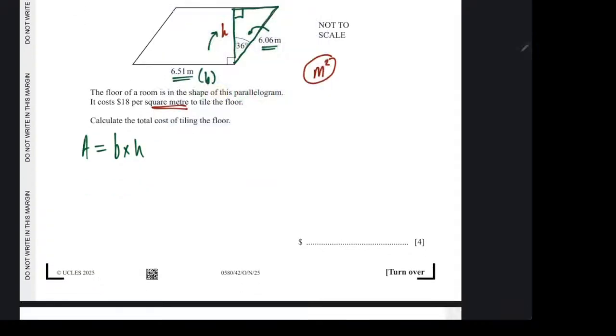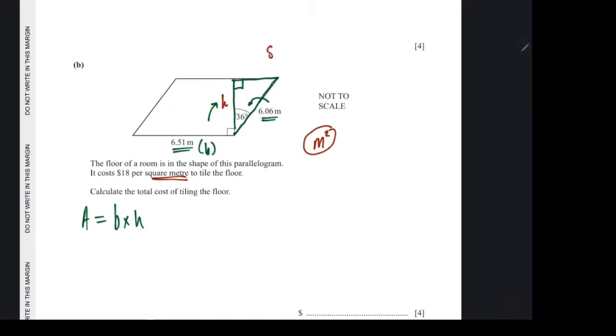To get this height, I see this is a SOHCAHTOA question. This triangle here. To those who were not there when I explained SOHCAHTOA, I'll explain, okay? But basically, whenever you have a triangle with a right angle, the moment you see an angle there, it's SOHCAHTOA to use.